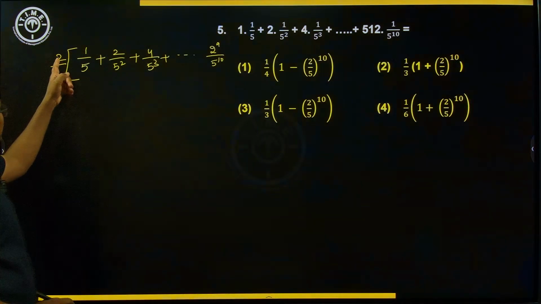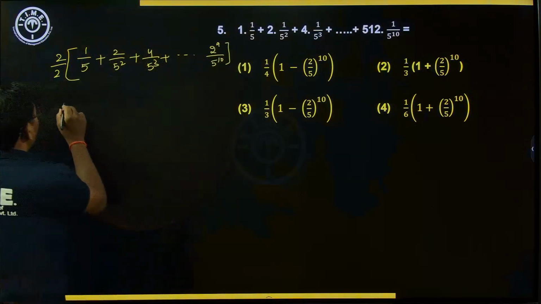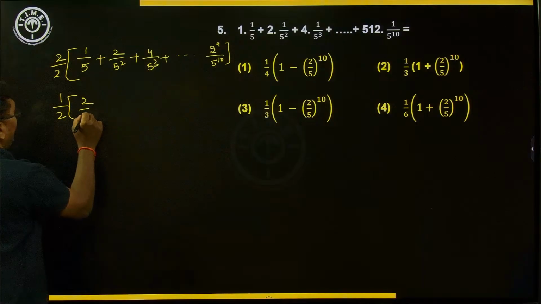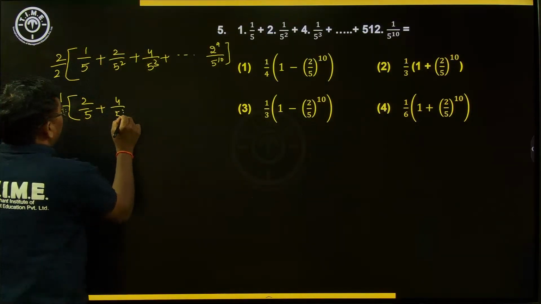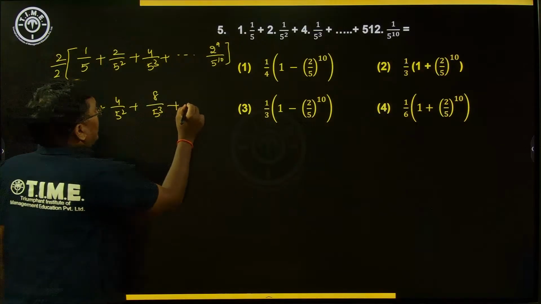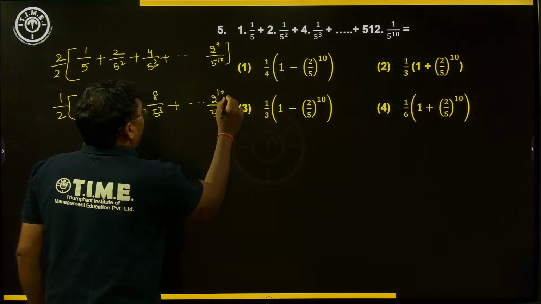If you multiply and divide by 2, if you multiply this whole expression with 2, you will get 1 by 2, then 2 by 5, then 4 into 5 square, and 8 into 5 cube, and so on, 2 power 10 by 5 power 10.